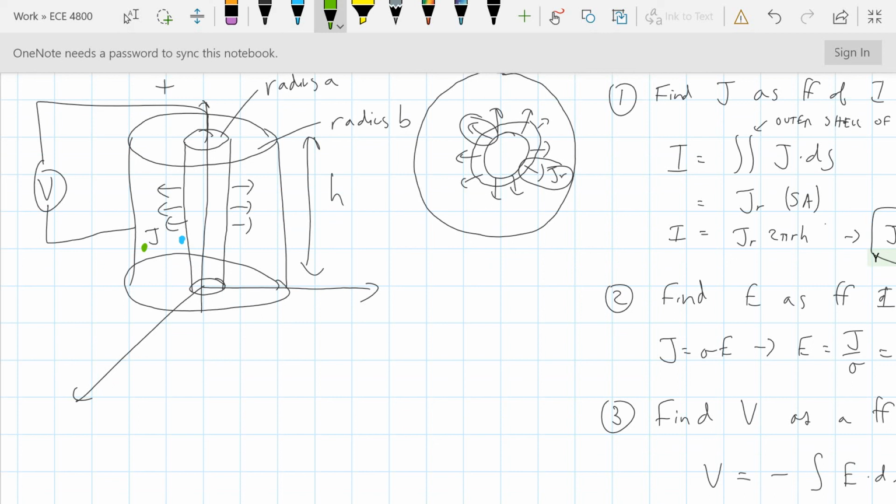This is the tricky part about this problem. It is not going to be. As you go from inside to the outside, the electric field actually decreases.